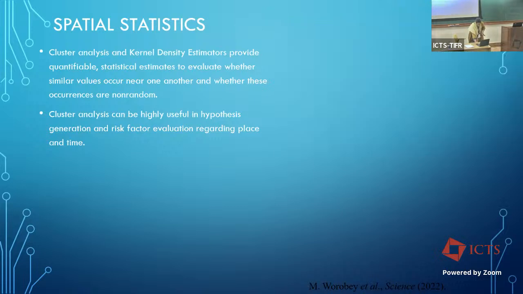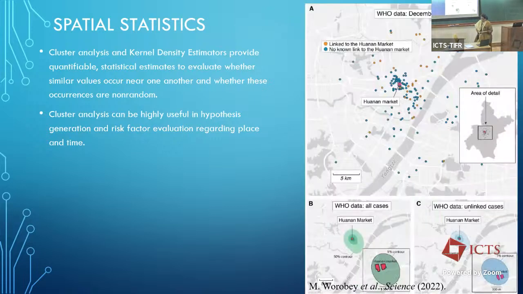So an example of this was, some of you may have read this paper by Worobey et al. in Science 2022, where basically what happened is that initially, people were saying that this Wuhan Huanan seafood market was the source of COVID, SARS-CoV-2. And then there was this whole big controversy where people started questioning that.